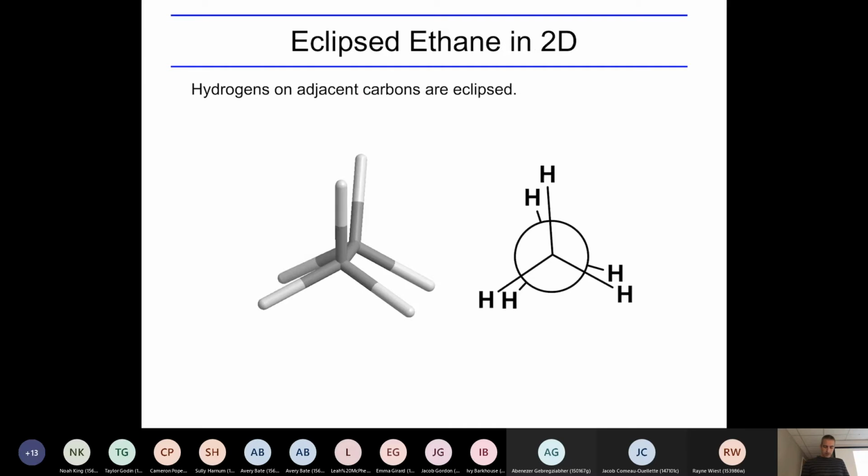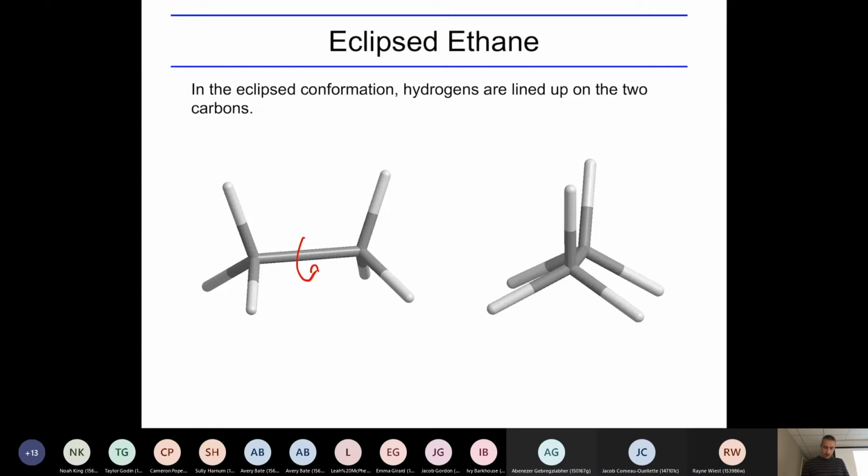The front hydrogen you see right here exactly lines up with that hydrogen on the back. We call this rotational conformation eclipsed. The reason is if you look down the carbon-carbon bond, like we said before, all of the back atoms have a front atom that's blocking them.